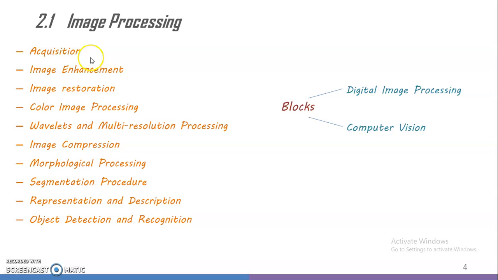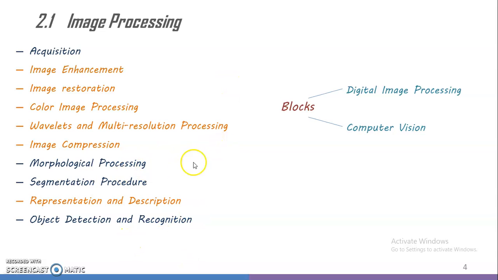We use some of these techniques: acquisition, where we take the image and do some scaling, color and gray scale operations, and then we proceed to the further steps. We also focus on morphological processing, segmentation procedure or image segmentation, feature extraction, and object detection or recognition.